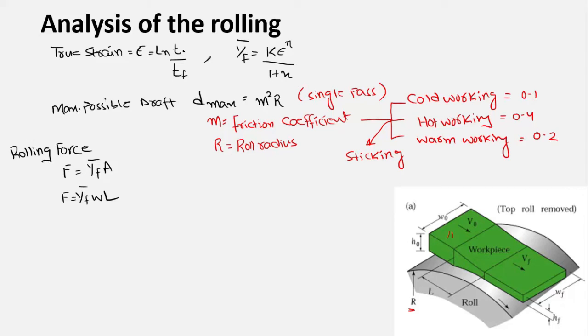So consider the variation of pressure along the contact length. Obviously there is a pressure variation along the contact length, and that is maximum at the neutral point, as we have seen in the last slide, the no slip point. So the contact pressure reaches maximum at the no slip point, then it further reduces.